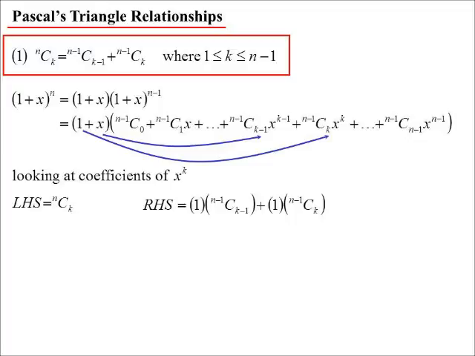So 1 will be times the (n minus 1)Ck, and x, well, the coefficient of x is 1, it'll be times the (n minus 1)C(k minus 1), and we get (n minus 1)C(k minus 1) plus (n minus 1)Ck. But of course, they're going to be the same thing. It was just two different ways of working out x to the power of k. So those coefficients must be equal. So therefore, nCk is indeed equal to those two added together.